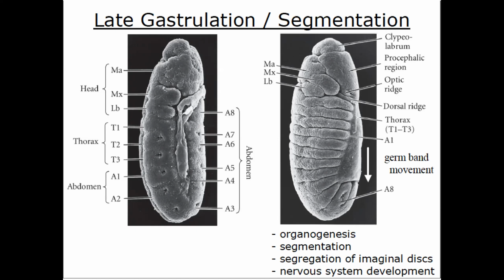So these segments are separated by this layer of yolk, which is called the amnioserosa. But anyway, organogenesis, more segmentation, and specification of specific structures that will be in the larval stages of development are happening at this point in time. So a lot of organogenesis is happening, and this stage is very critical.